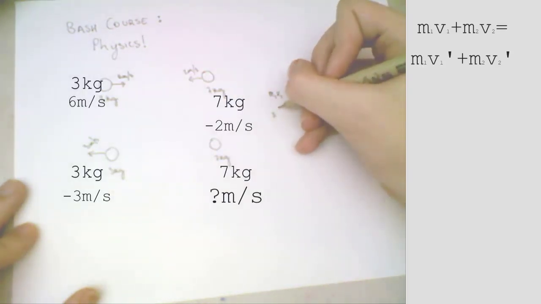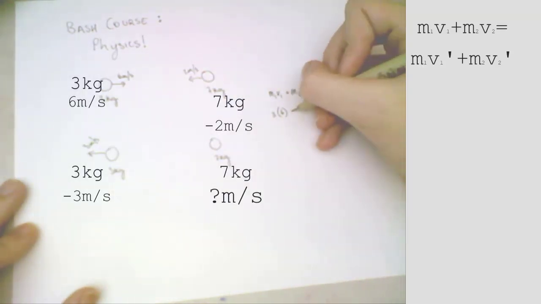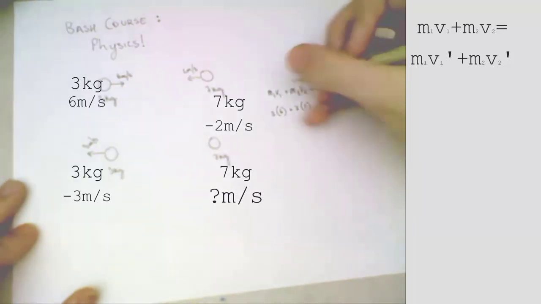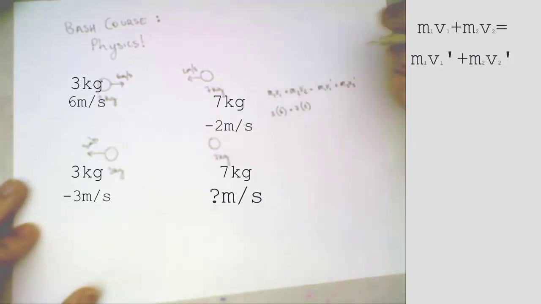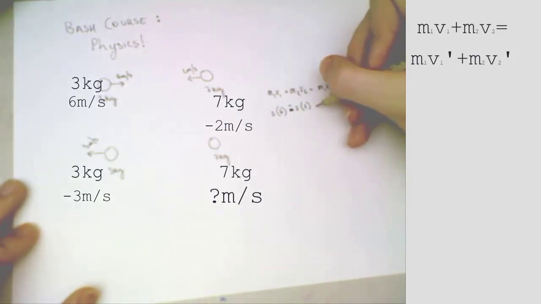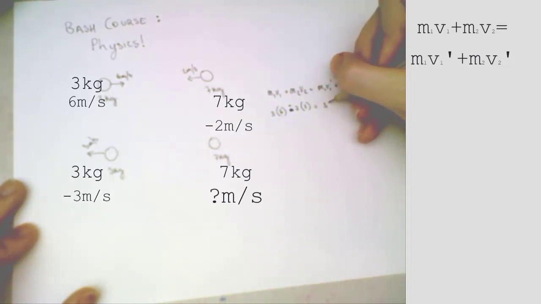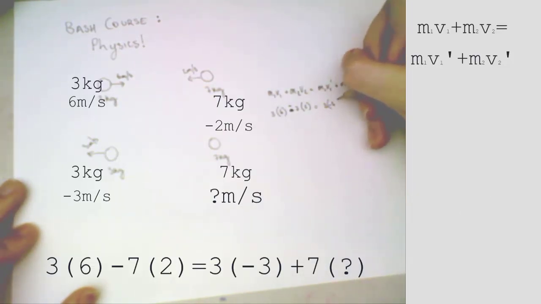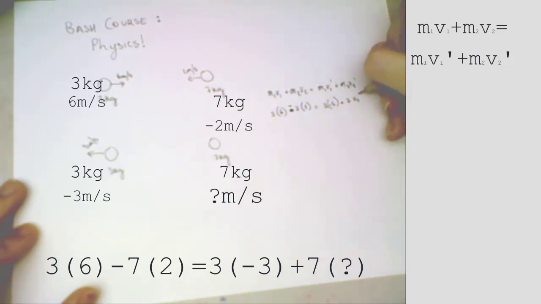We're going to do 3 kilograms times 6 meters per second plus 7 kilograms times 2 meters per second. Except remember that this one's going the other direction, so the velocity is actually negative. And then we also know that the 3 kilogram ball, we're going to put a -3 right in there. We know our second mass, 7 kilograms, and what we're trying to find is v2 prime.